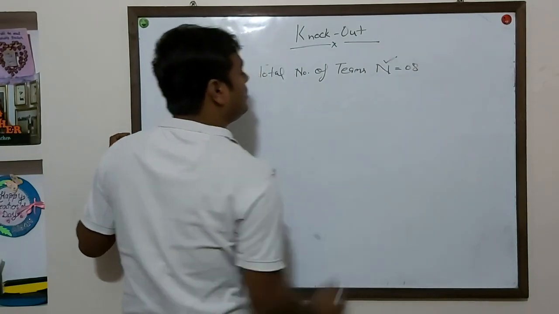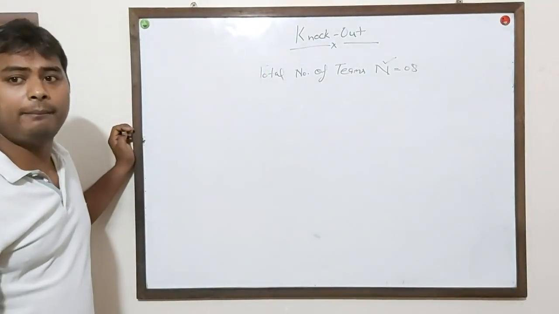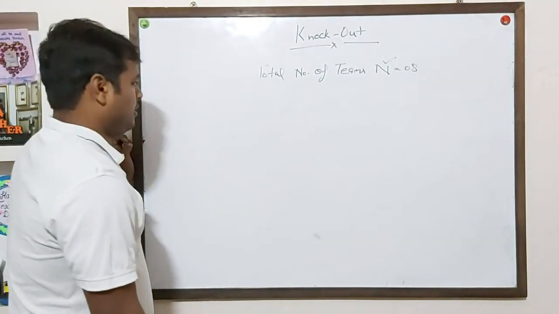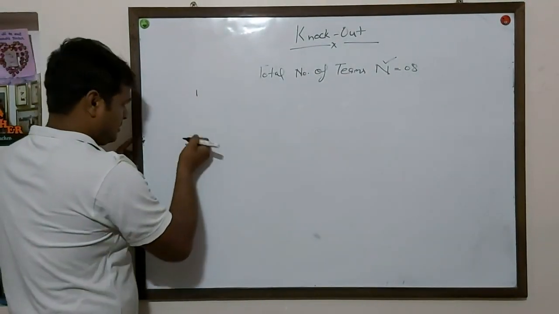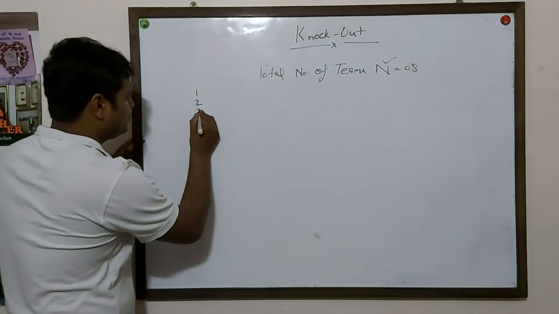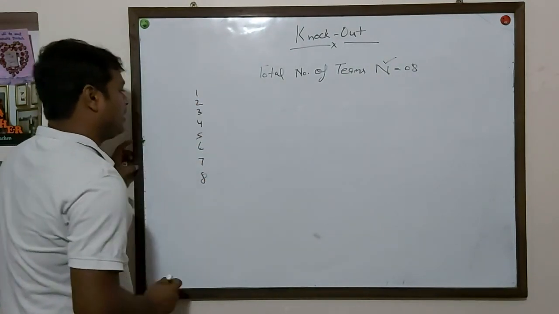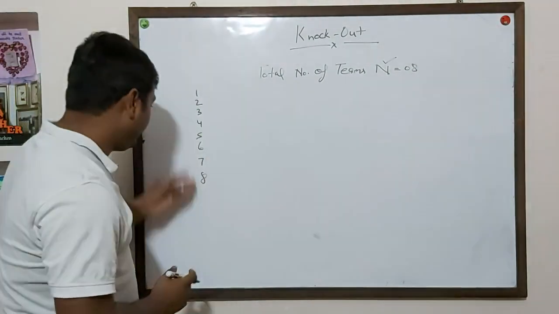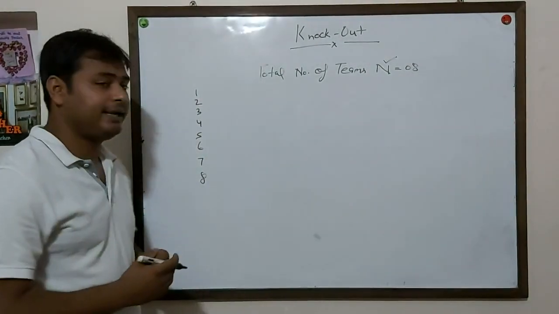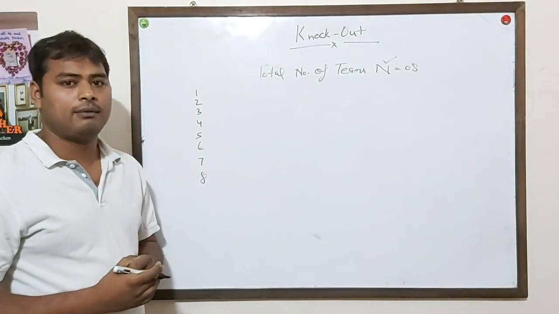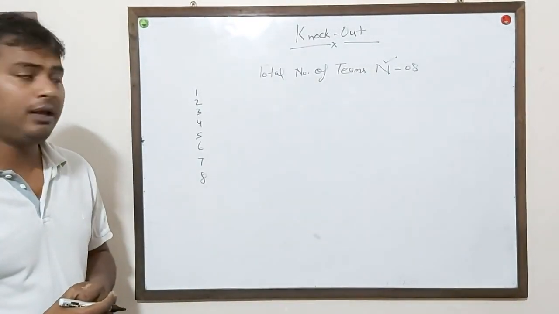Here n is the symbol of total number of teams. First, we have to arrange teams in this manner: 1, 2, 3, 4, 5, 6, 7, 8. And now we will divide all teams into two halves. One will be the upper half and the second will be the lower half.